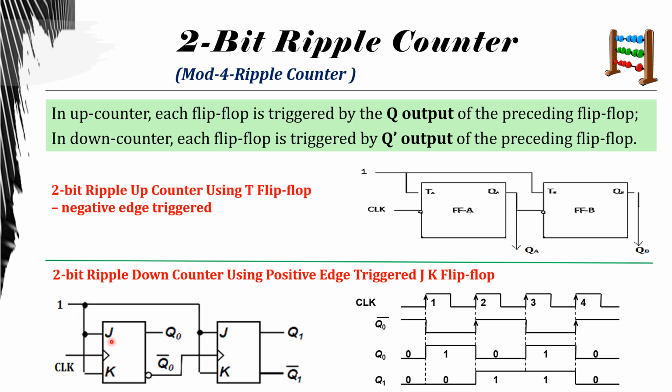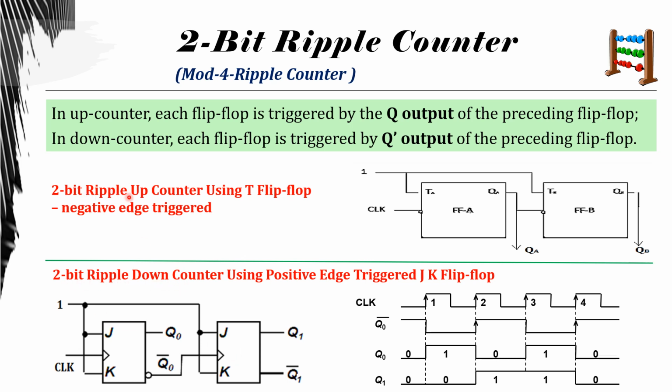These J and K input terminals are tied together to the logic 1, and these two flip-flops are positive edge triggered. We need to design a down counter, so we are taking the Q bar output of the flip-flop as the input clock of the next flip-flop connected in the chain. So we are connecting this Q bar as the new clock input of the next flip-flop. So that is the 2-bit ripple down counter.